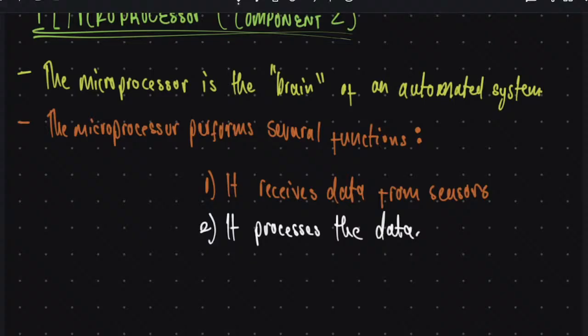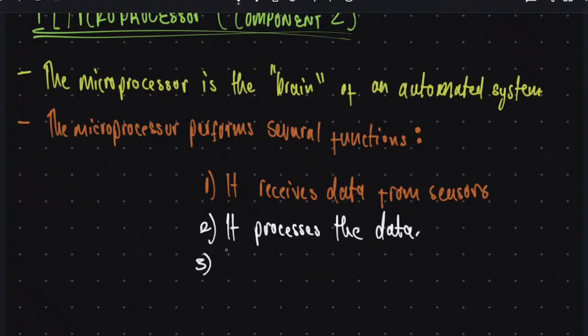The sensor will tell it the temperature is 32 degrees. But it hasn't made a decision. It receives that information, processes it, and compares it with what it already knows.